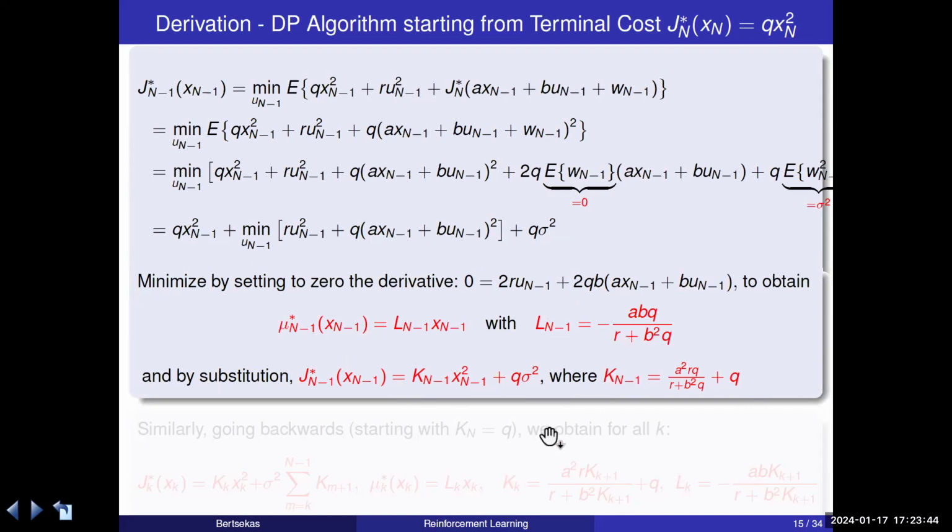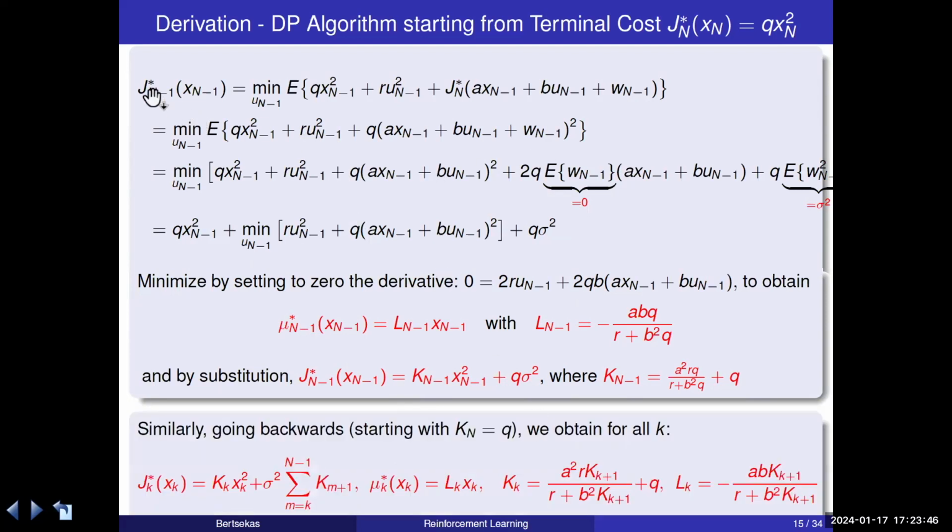And we repeat this calculation again, from jn star n minus 1 to j star n minus 2. And we continue, and for every k, we get this general formula. Quadratic plus constant, with the k coefficients generated backwards according to this recursion, and the L coefficients, the control coefficients, depending on the corresponding k.